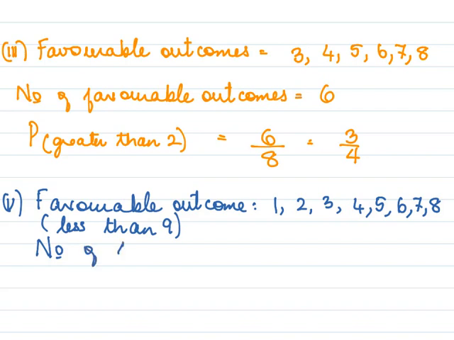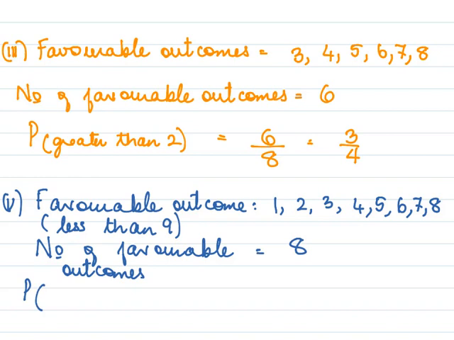So how many favorable outcomes do we have? Number of favorable outcomes equal to 8. And the probability of getting less than 9 will be the number of favorable outcomes, that is 8, over total outcomes, which is also 8. So the probability is 1.